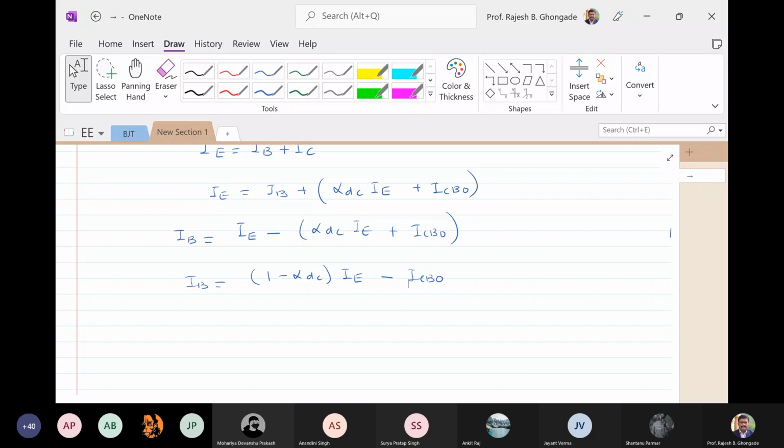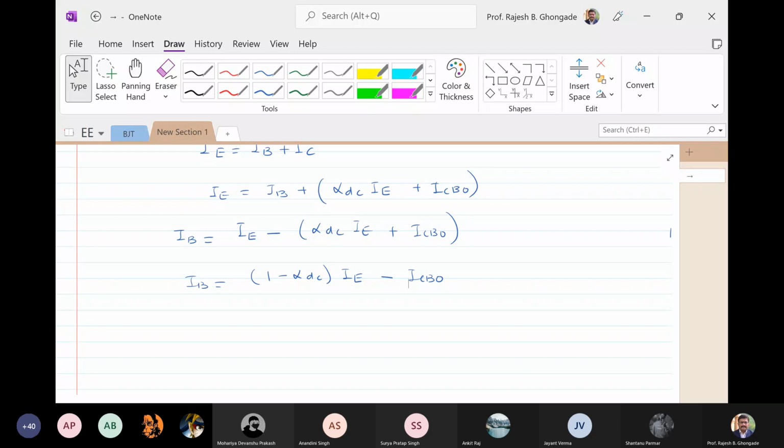So we have this equation now as IB equal to 1 minus alpha DC into IE minus ICBO. Now again, sometimes we can neglect this to get IB as 1 minus alpha DC into IE. What does it mean?